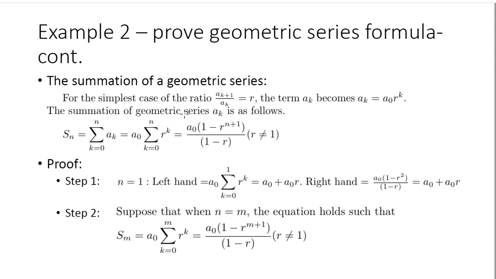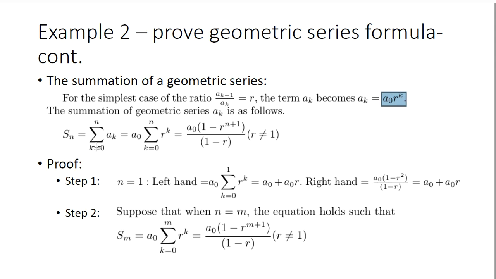So let's prove the summation for a geometric series. We define the ratio as r, which is a sub k plus 1 divided by a sub k equal to r. Then the term a sub k can be represented by a sub 0 times r to the power k, where a sub 0 means the first element.